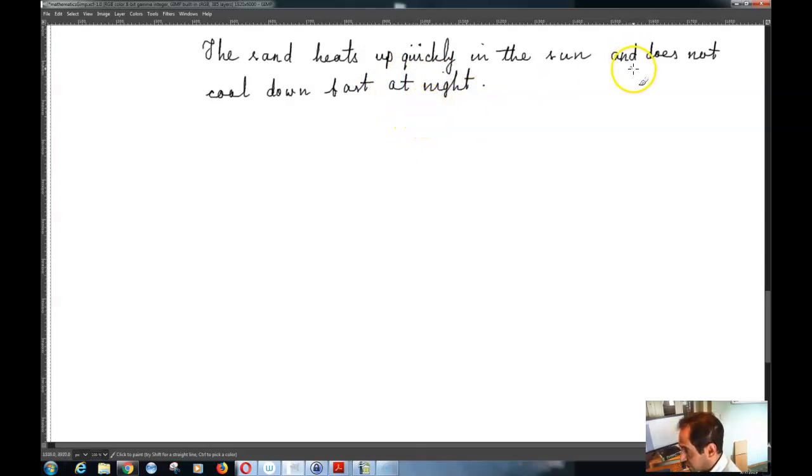So the connective is and, and the component statements are the sand heats up quickly in the sun.